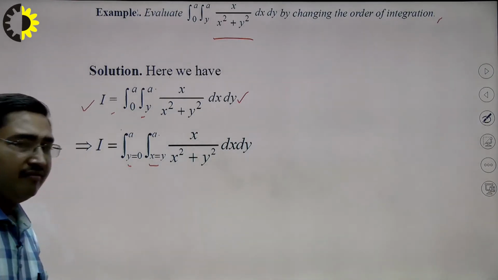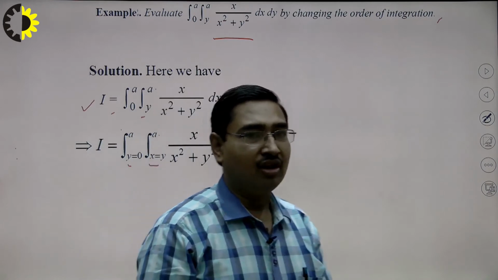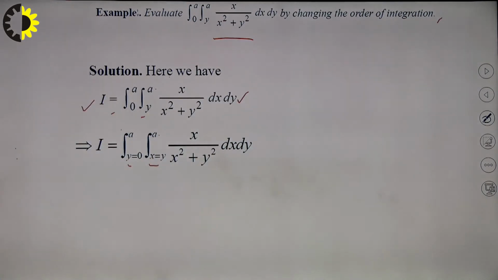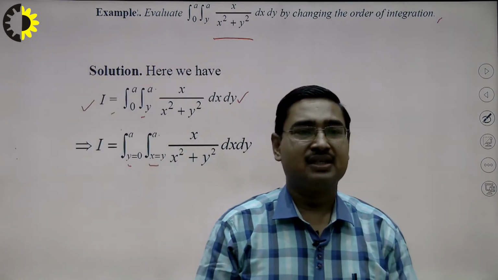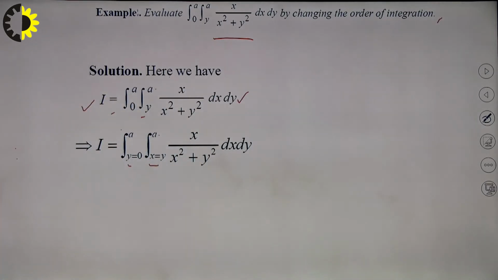Now we shall draw the region of integration as always, and then we will decide what type of slicing is used to find these limits. The type of slicing will be changed, new limits will be obtained, and those limits when applied to the integral will give the integral obtained by changing the order of integration.